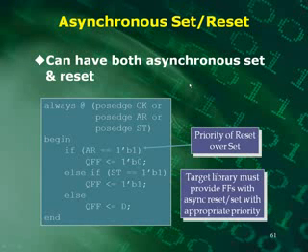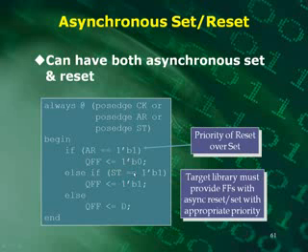Asynchronous set and reset. You can have both asynchronous set and reset. Here's an example. Here we have the posedge of clock, and here we have our posedge of asynchronous reset and the posedge of the asynchronous set. In our code, we said if the asynchronous reset is 1, we set it to 0.